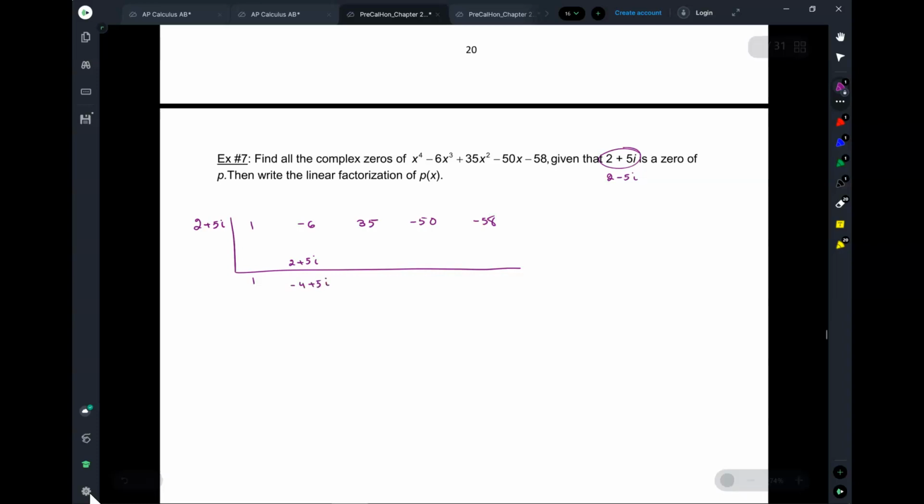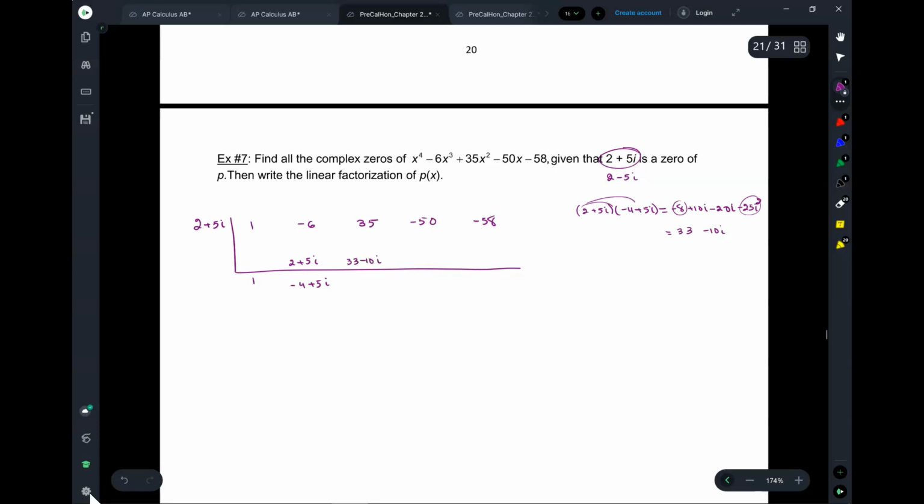Now you have to multiply 2 plus 5i times negative 4 plus 5i. So let's see what happens. FOIL, right? So negative 8 plus 10i minus 20i minus 25i squared. Okay, so that's negative 8 plus 25, 33 minus 10i.